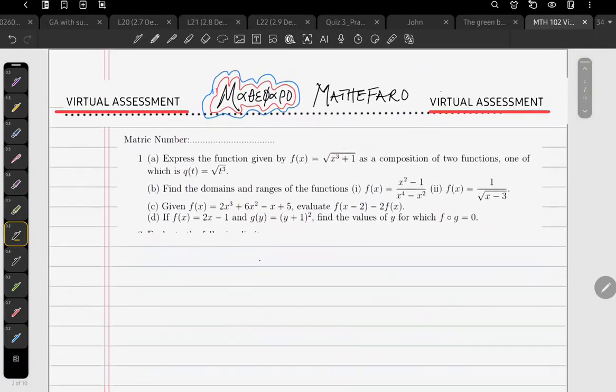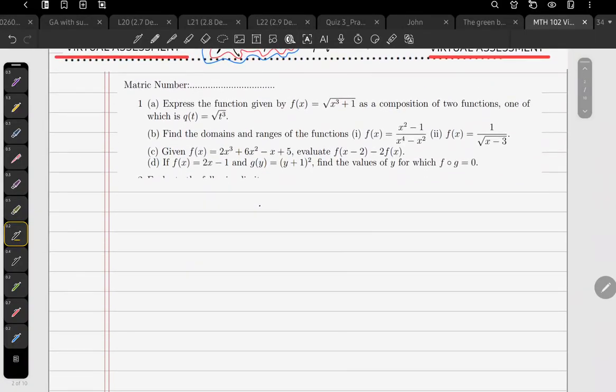So let's get with the first question here. The first question here is talking about the composition of functions. So solution 1a. The question says we should express f of x as a composition of two functions.